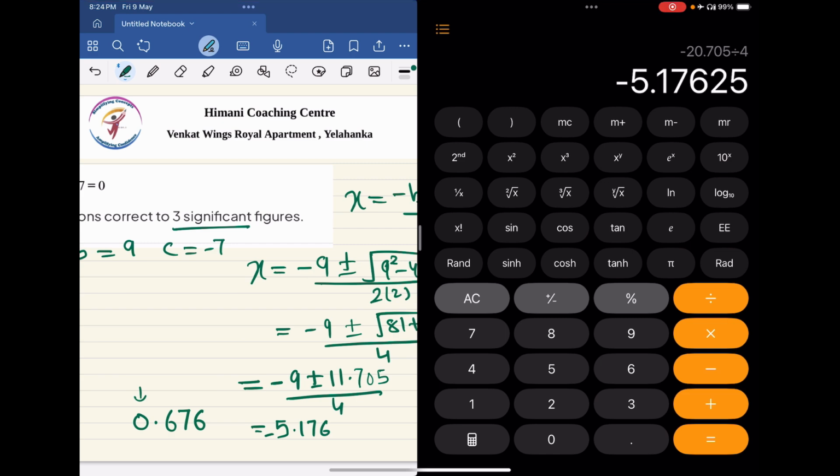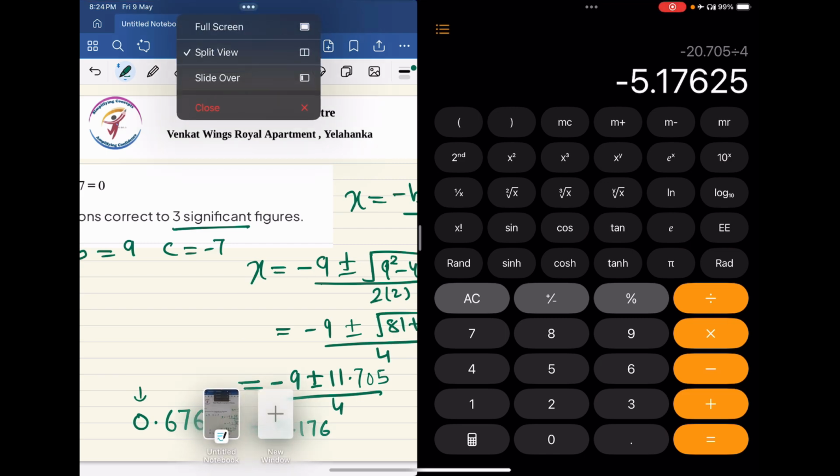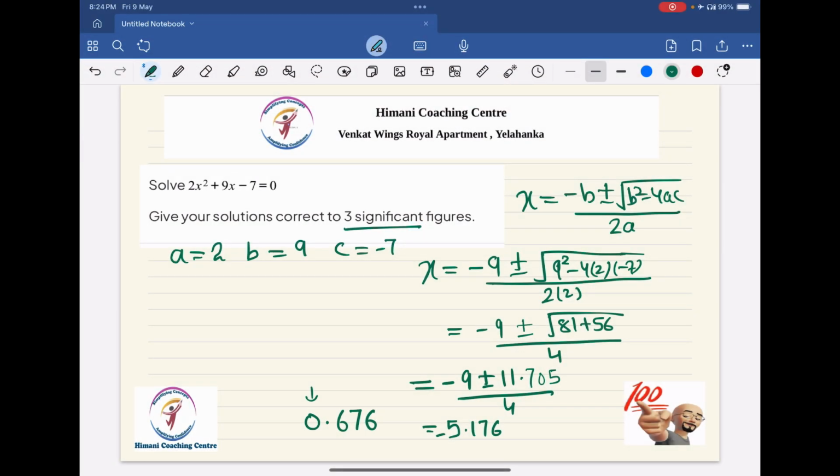Since we have to give the answer correct to three significant figures, what will we do? See, this is my first significant figure, this is second, this is third, and this is sixth, which is more than 5. So the answer would be minus 5.18. Okay, so these two are the values.